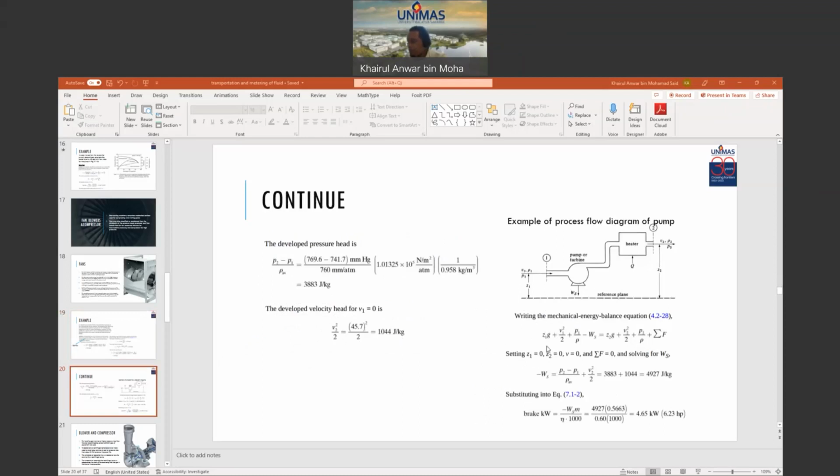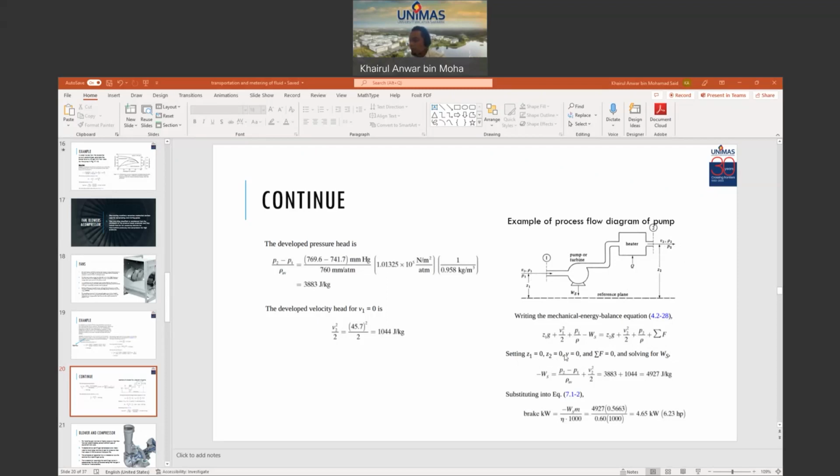Then this is the mechanical energy balance equation. Z1 is here, Z2 is at point 2, V1 is 0, rho 1 is as well. Ws is mechanical energy, joule per kilogram. Sigma F is friction loss. So setting Z1 equal to 0, Z2 equal to 0, V1 equal to 0.